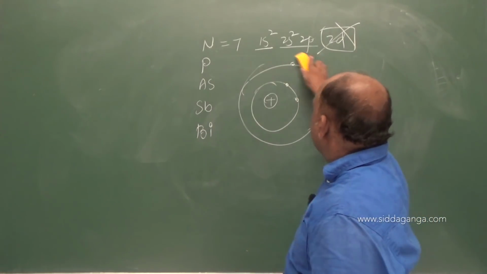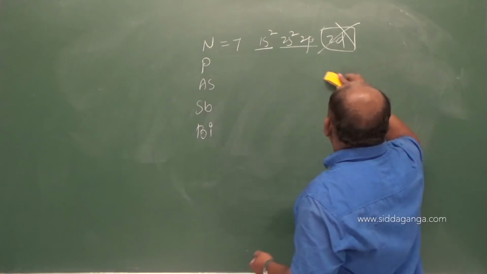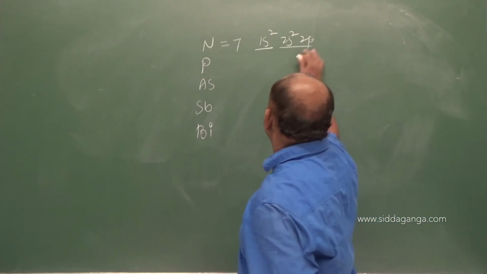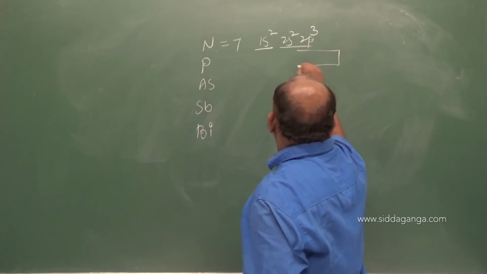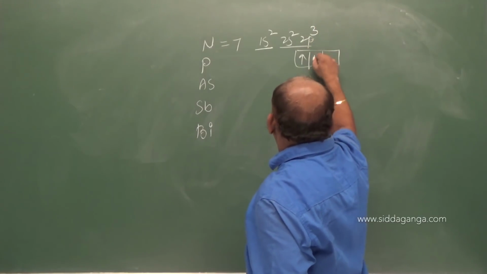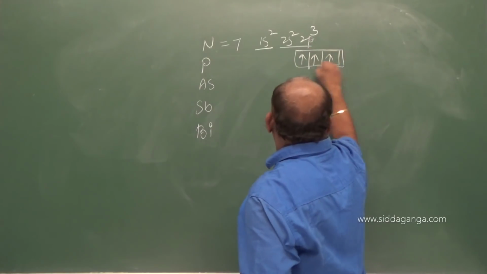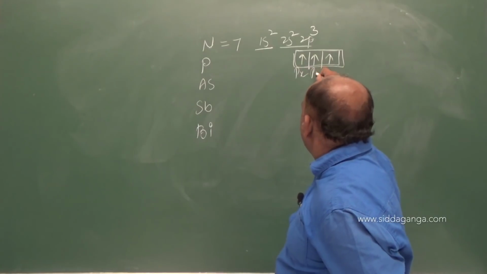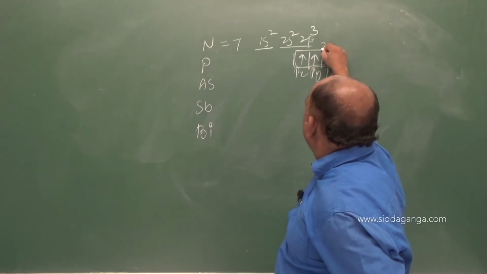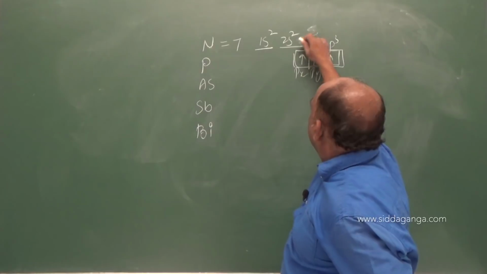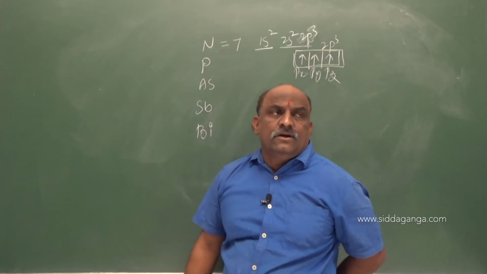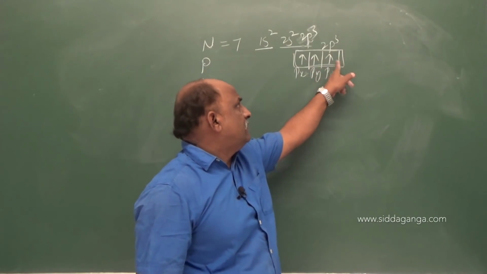So what will be the use of these vacant d orbitals? Once you remember students, this is a very important point. How many unpaired electrons are there? 3 unpaired electrons are present in 2px, 2py and 2pz, so it is a 2p3 configuration. We can split this configuration like this: 2px1, 2py1, 2pz1, 3 unpaired electrons.